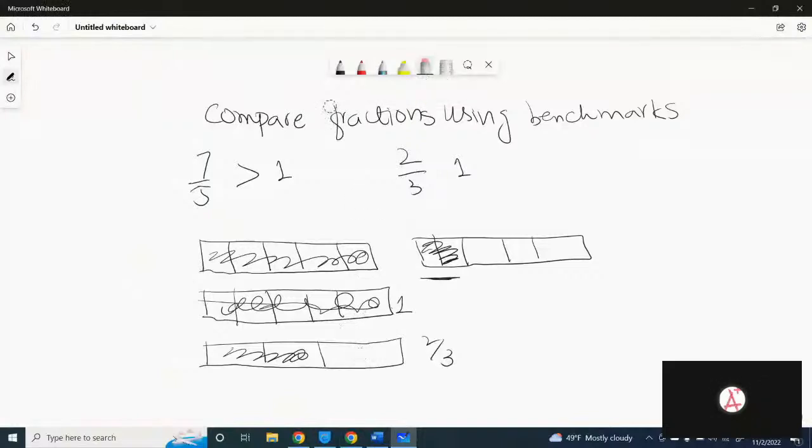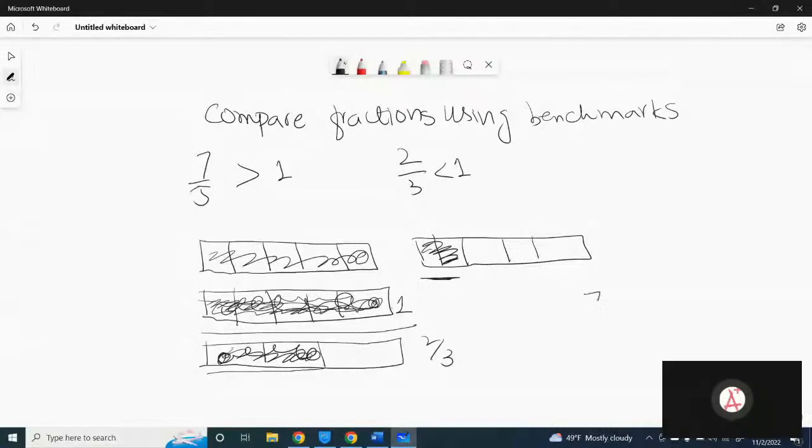Sorry, you have to compare it to 1. 2 by 3 is less than 1. Got it? See, only this portion is colored for 2 by 3. But for 1, the whole 1 is colored. So 2 by 3 is less than 1. Got it? So the benchmark is 1, and you compared both the fractions with the benchmark.